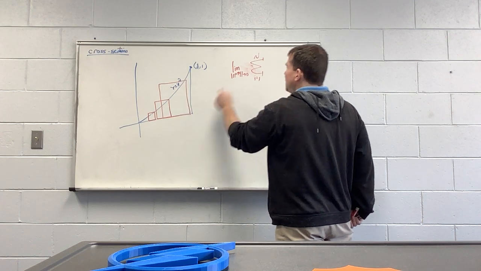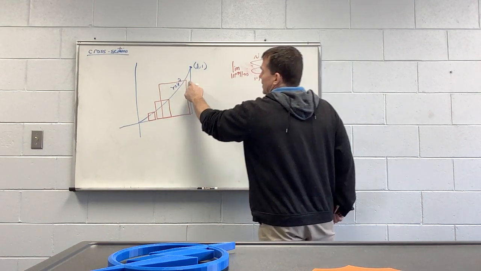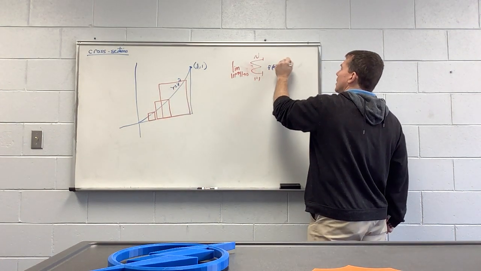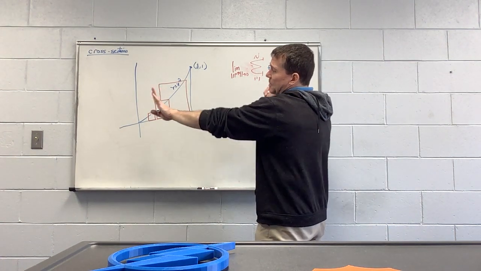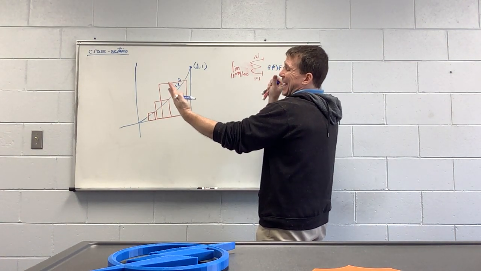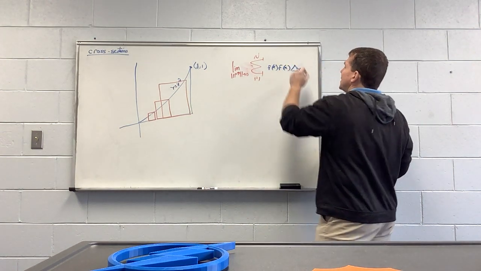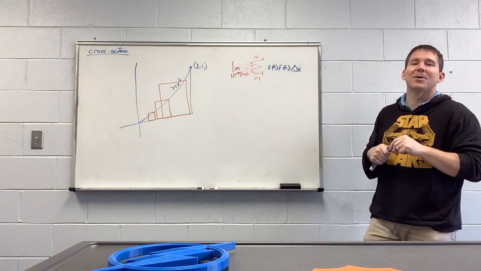This is the function value, so that's f of x, times the width, but it's a square, so that's the same as the function value, which is also f of x. Then I have the height of the square prism, which we just said is the thing that I'm going to keep shrinking down to make this get better. So that will be my delta x. And these should technically be f of x sub i, because this is the approximation.